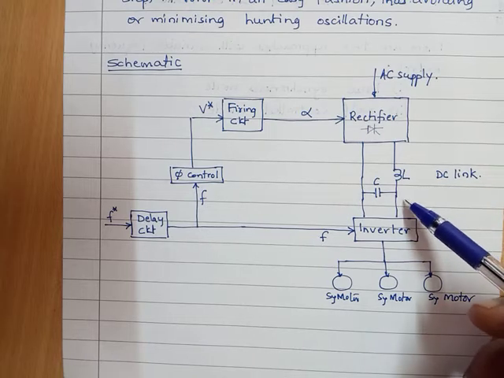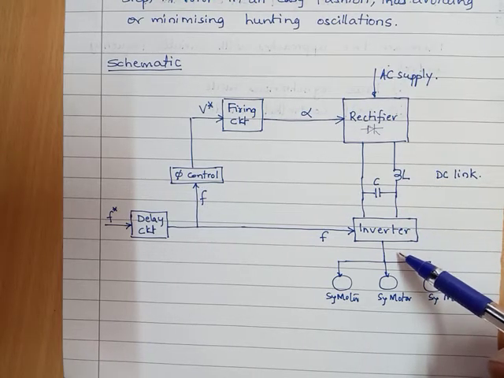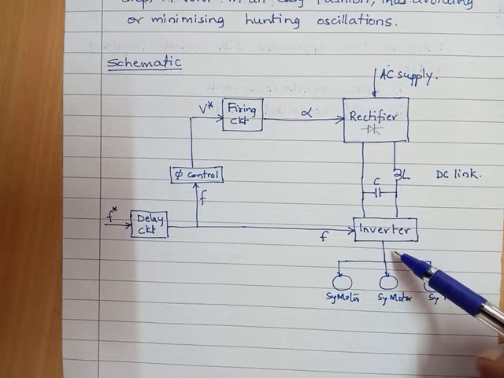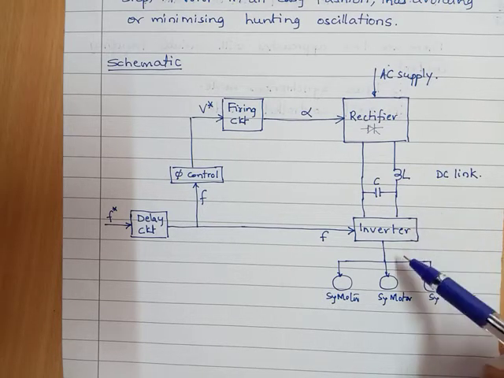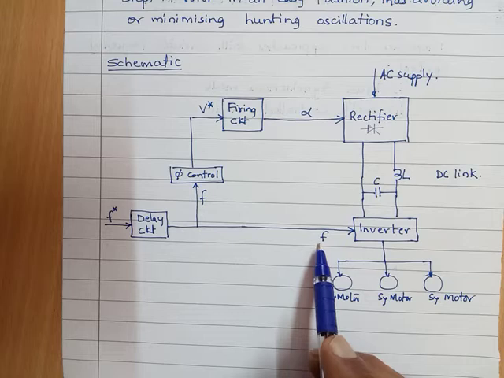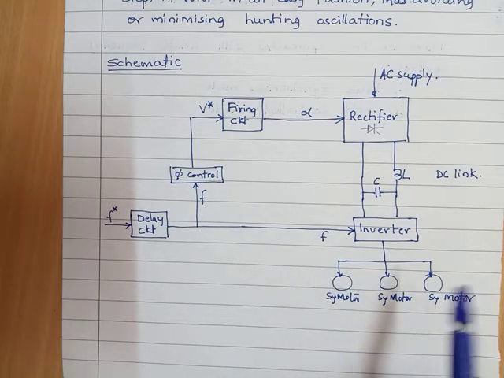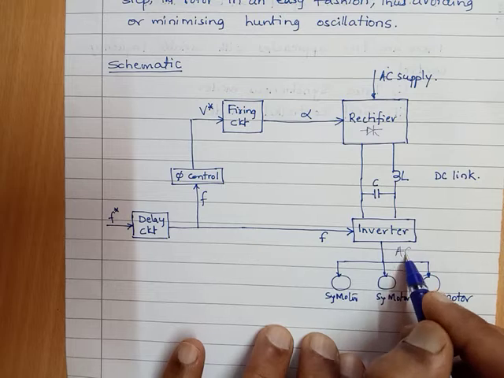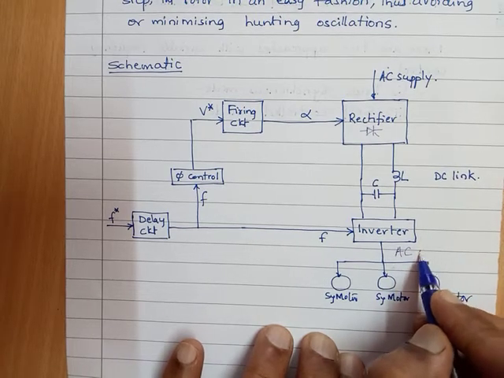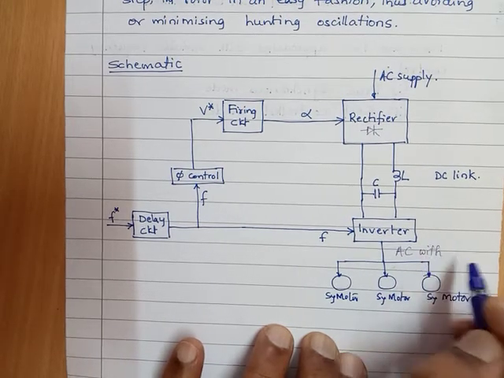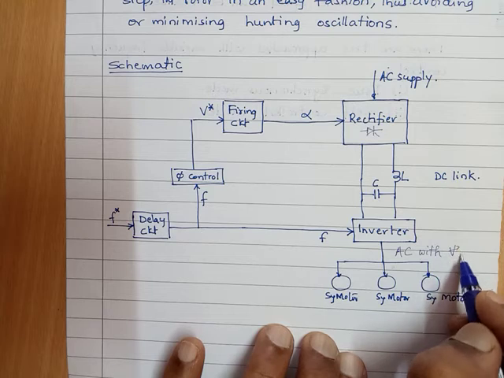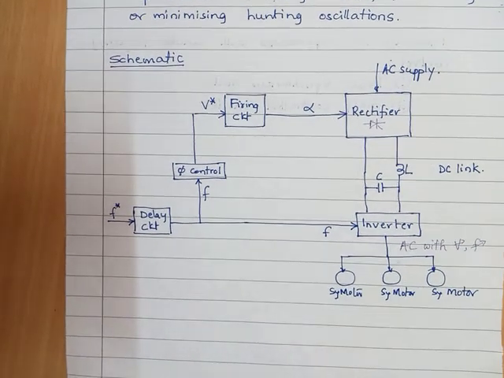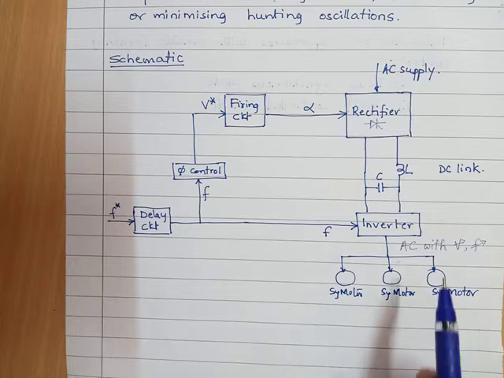When it converts DC into AC, AC of how much frequency? The question comes up. And how much frequency is dictated by this F. That means the output here is AC with V and F both variable.